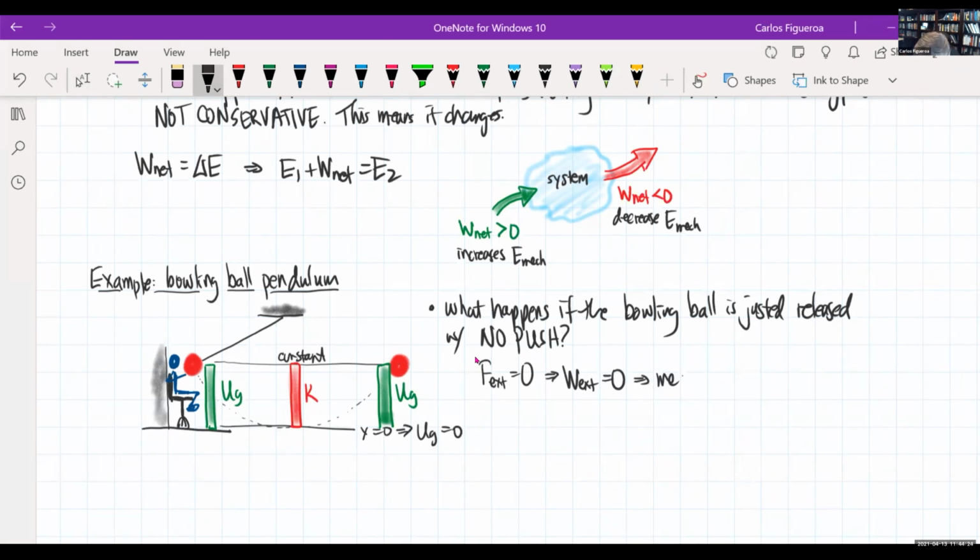Therefore, mechanical energy is conserved. In other words, when I look at the energy state 1 plus what the external force is doing, since this is 0, we can see that E1 is equal to E2.